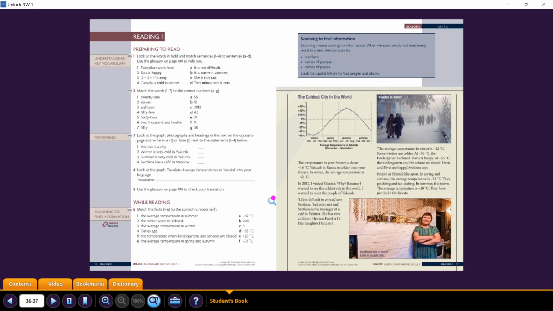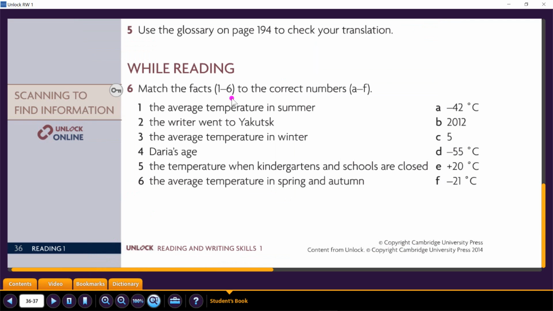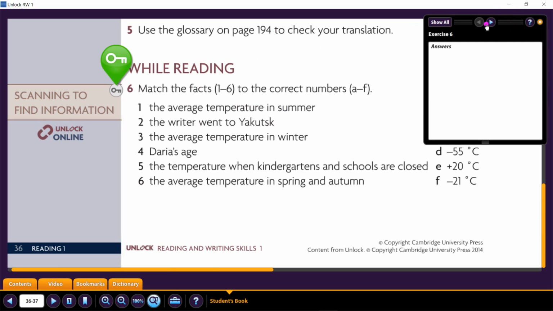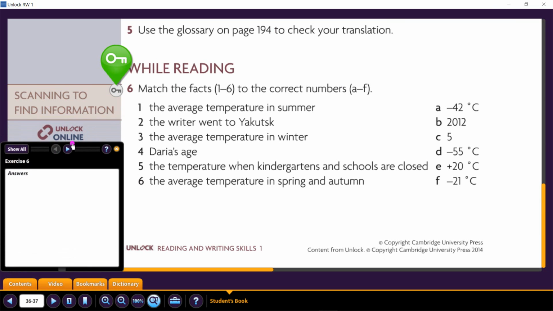So here, ladies, we have the average temperature in summer. What do you think? One with E, plus 20 Celsius.